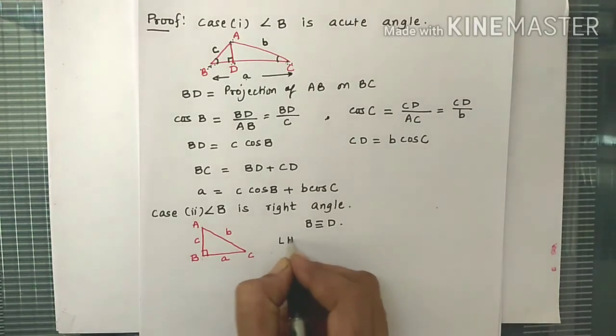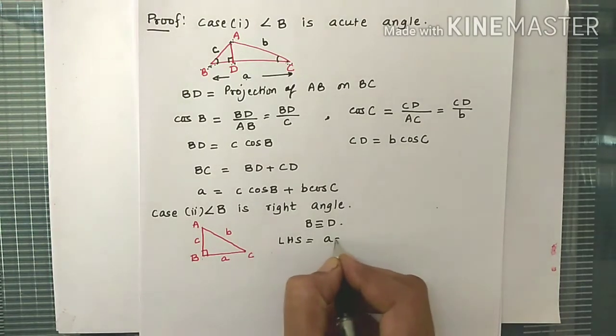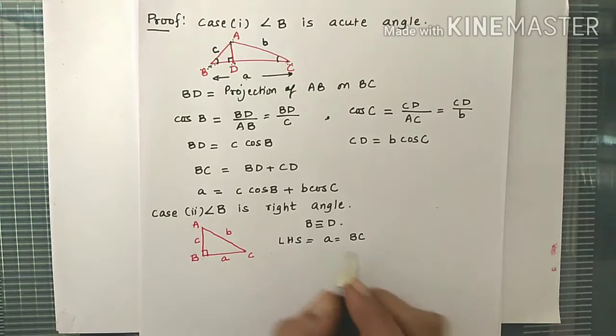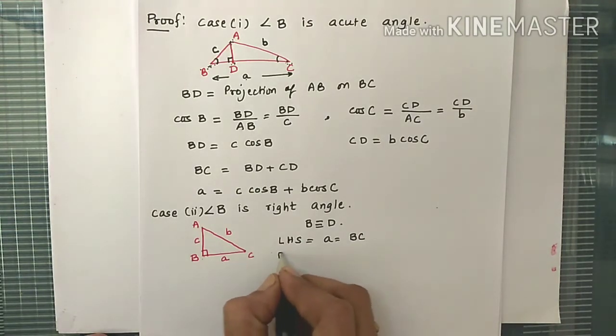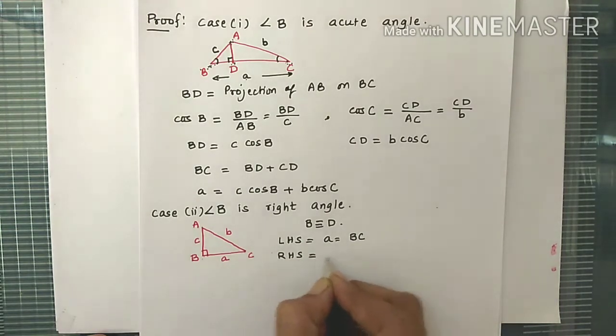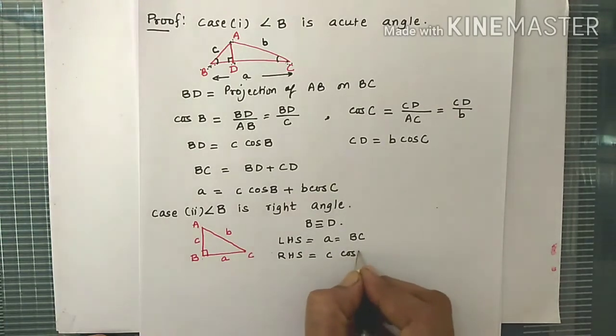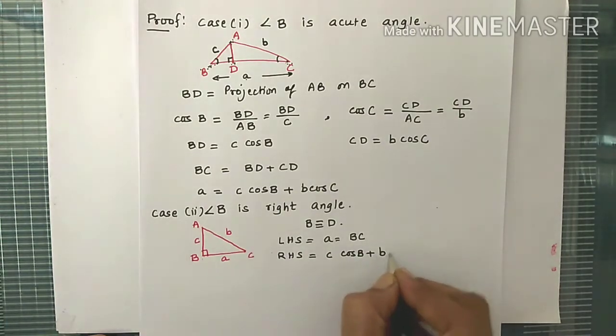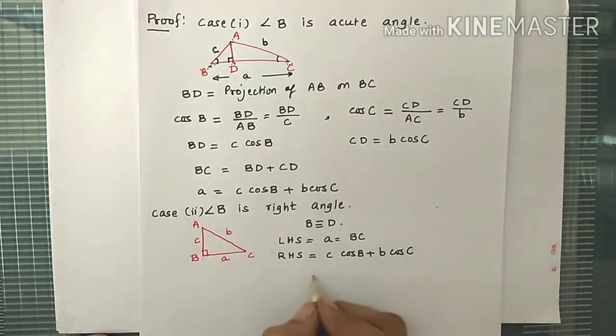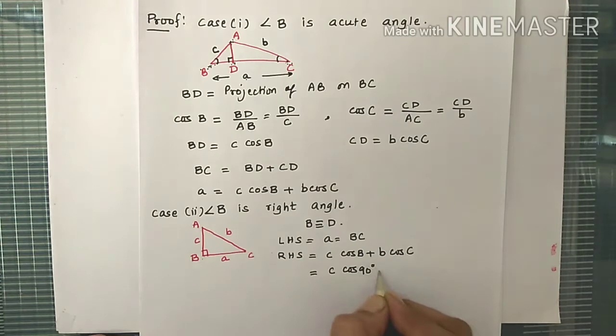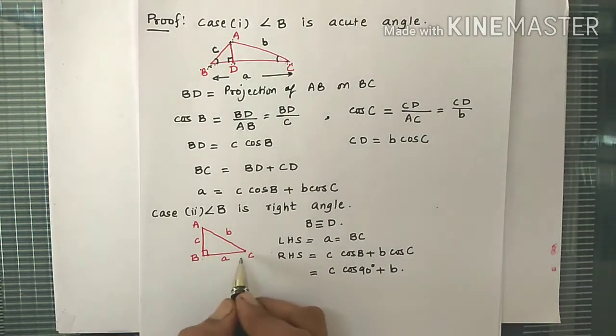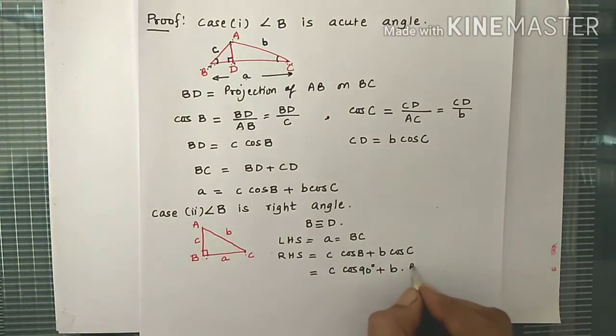So the left hand side is a, that is BC, and the right hand side is c cos B plus b cos C. Now here B is 90 degrees, so it is c cos 90 degrees plus b cos C. Since it is a right angle, cos C is BC upon AC.